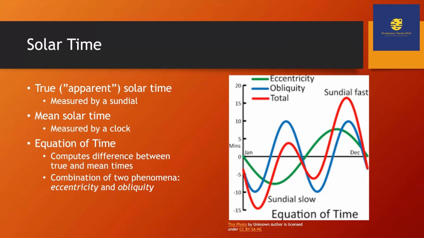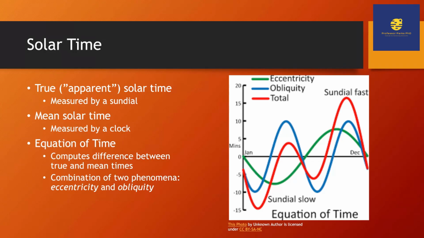Now, the reason why the two are different is because the Earth is tilted 23.5 degrees on its axis, which we refer to as the obliquity of the Earth, and the Earth's orbit is slightly eccentric. The eccentricity of the Earth's orbit is 0.017, if I remember correctly.